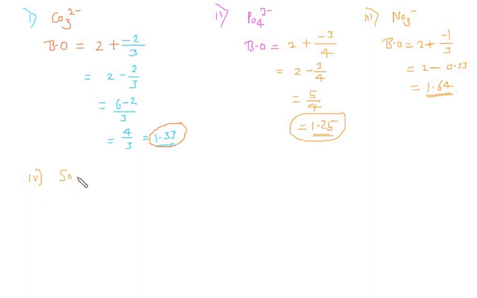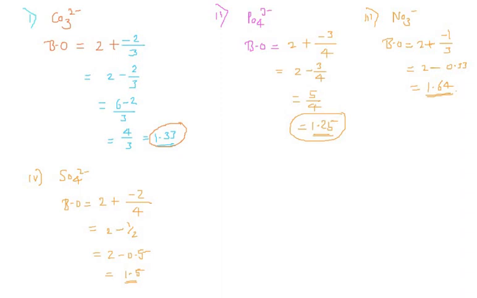You can have sulfate ion. So again, for the bond order, the valency of the surrounding atom is 2 plus the charge on the radical, minus 2, divided by the total number of peripheral atoms, that is 4. So it will be 2 minus 1 by 2, that comes out to be 2 minus 0.5, which is 1.5.